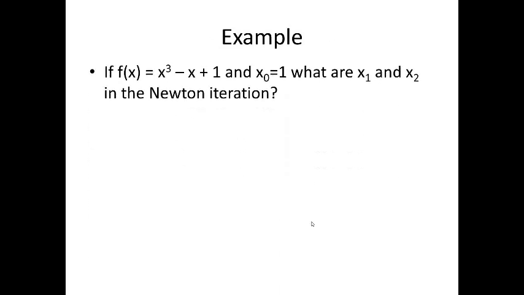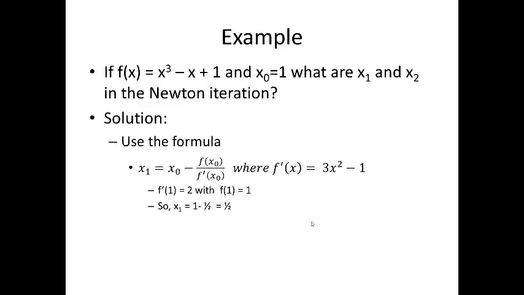Here we have f of x is equal to x cubed minus x plus 1, and x0 is equal to 1. What are x1 and x2 in the Newton iteration? Well, here we simply use the formula. So x1 is equal to x0 minus f of x0 divided by f prime of x0.